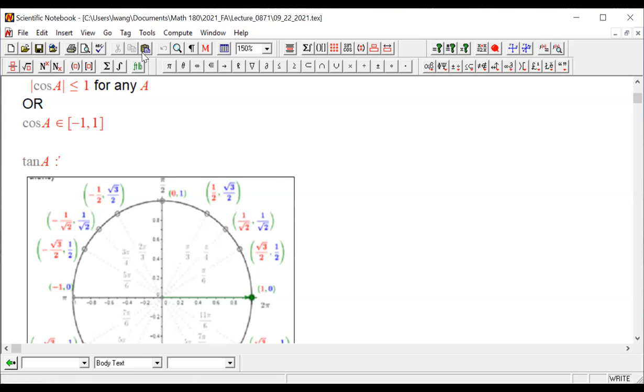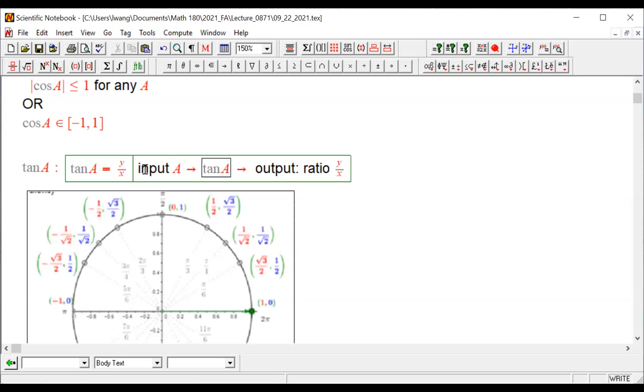Y over X. Why the blue, red? Are you guys with me?